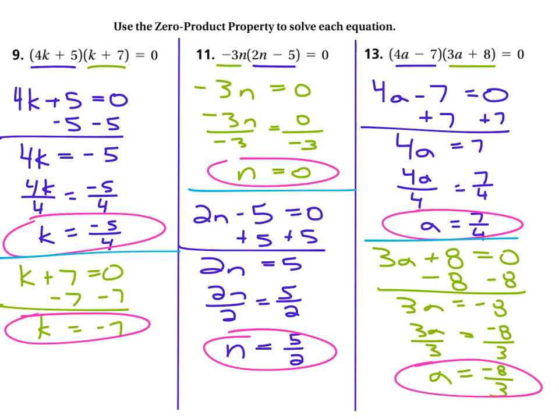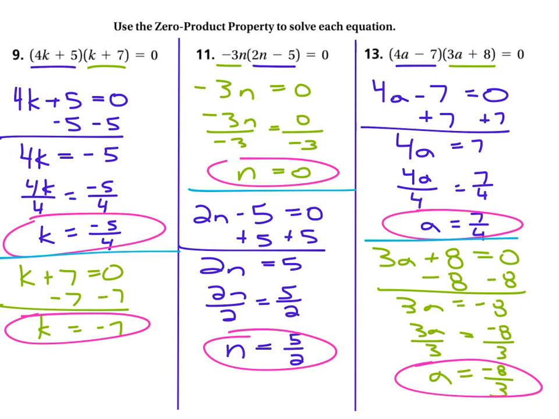So if we replaced a with 7/4 everywhere we saw it, one of the two expressions, the first one, would turn to 0. The second one wouldn't, but that's all you need is one of them to turn to 0, right? And then we could also take negative 8/3 and put that everywhere we saw it, and it would turn the whole thing to 0.